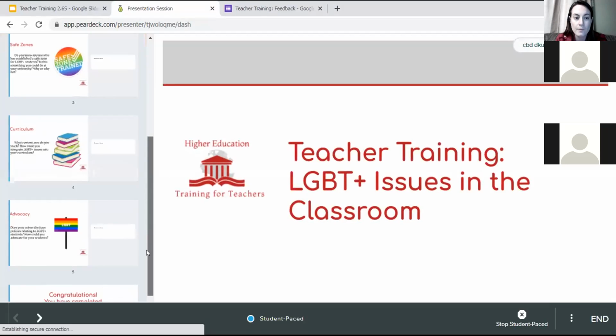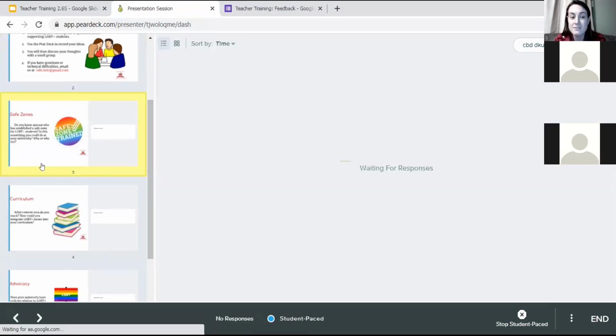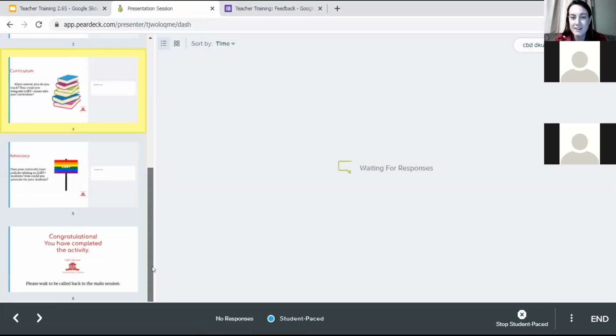One question is about safe zones, one is about curriculum, and one is about advocacy. You have 5 minutes to work individually, and after that, I will put you in groups to discuss.